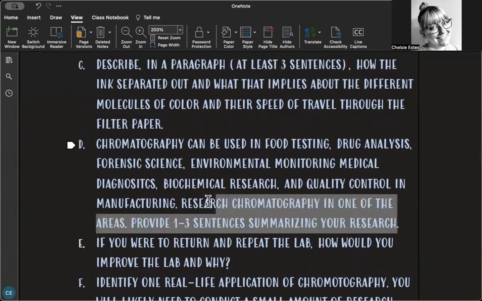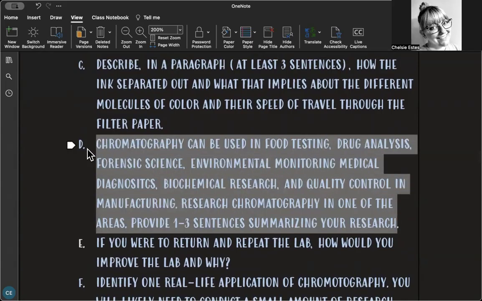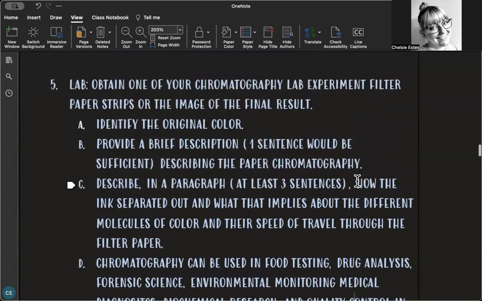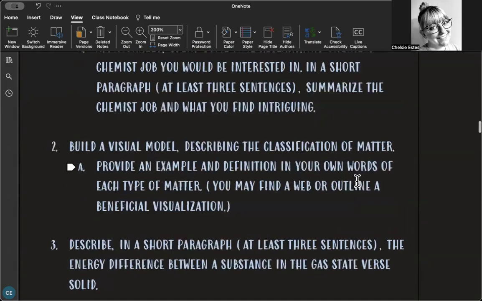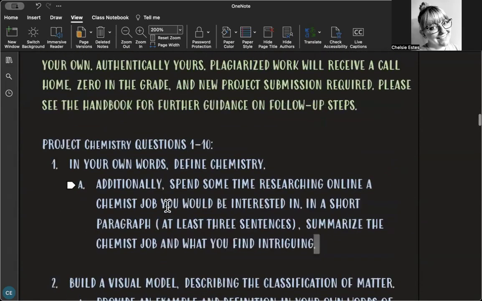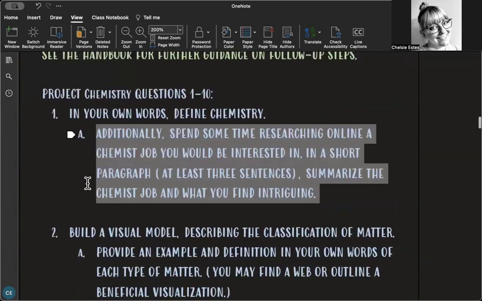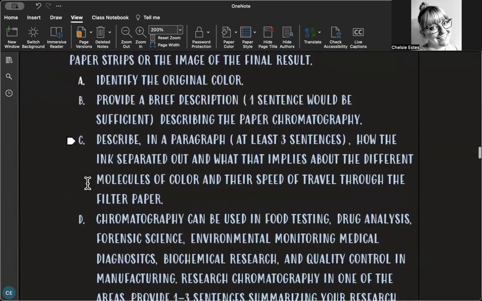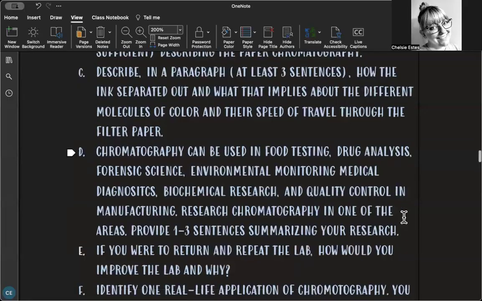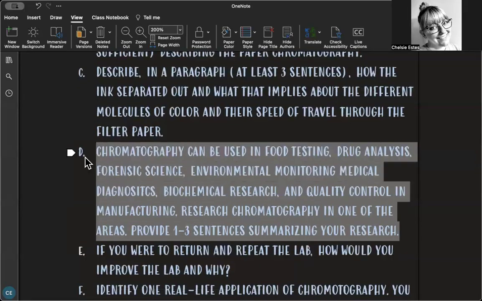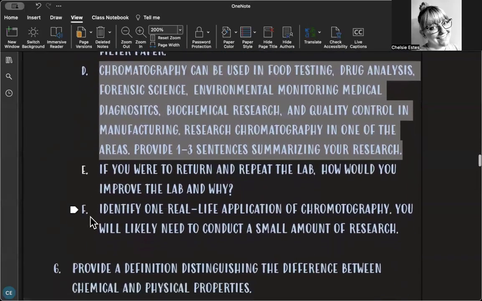This one would require a reference and an in-text citation. So that puts us at, this one requires research because you're looking at chemistry jobs. This one requires research, but so far everything else should be in your content. So that's not too bad.